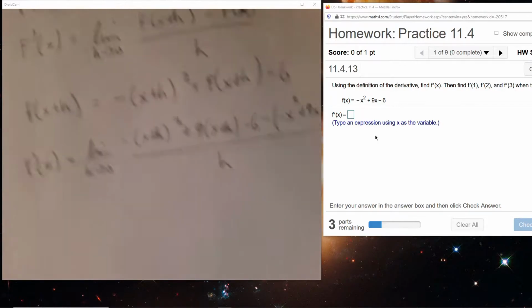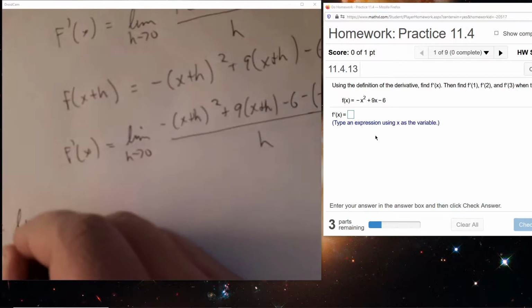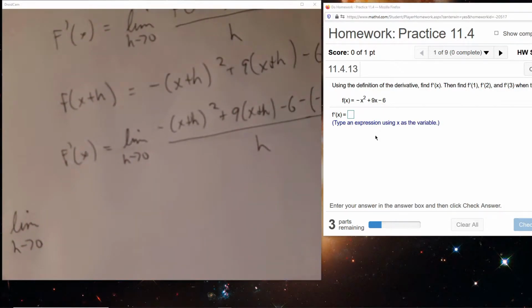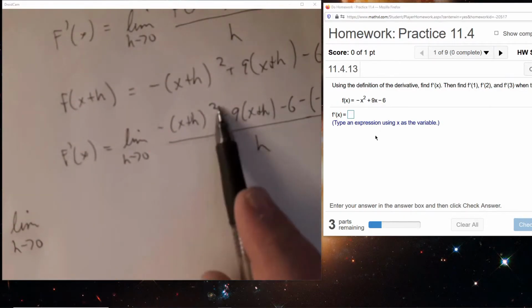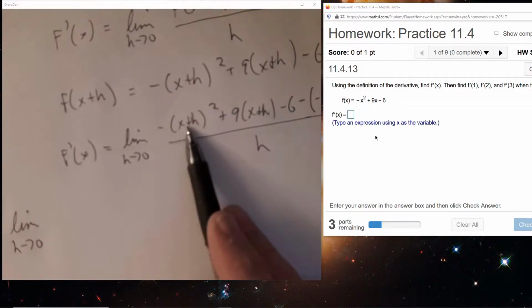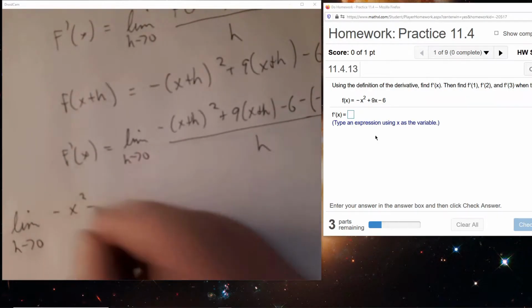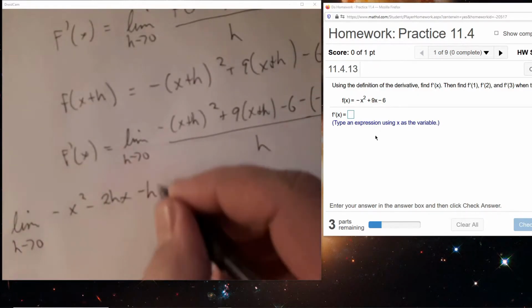Let's distribute everything out. So x plus h squared is x squared plus 2hx plus h squared, and then the minus sign will distribute across all that. So we get a minus x squared minus 2hx minus h squared.